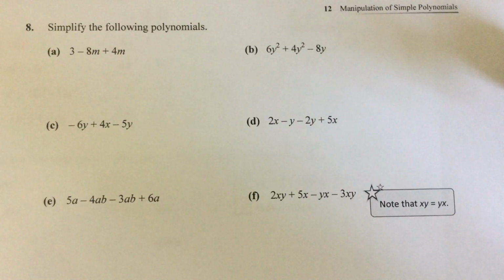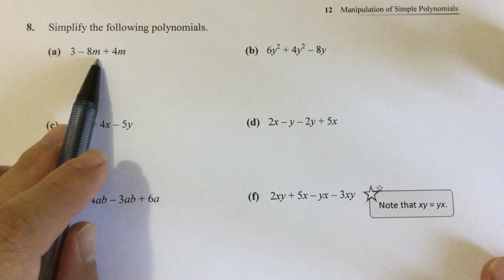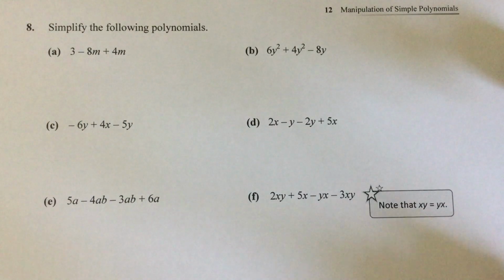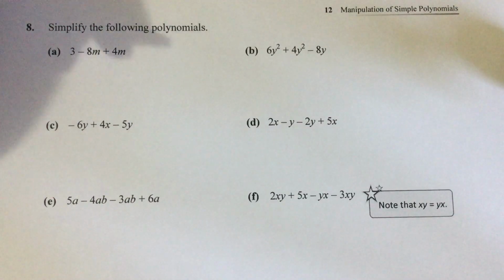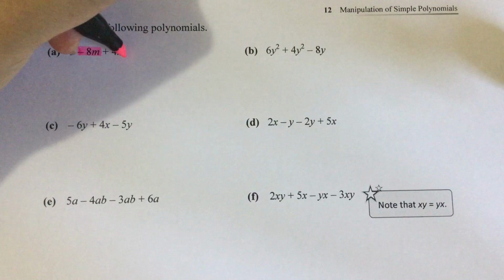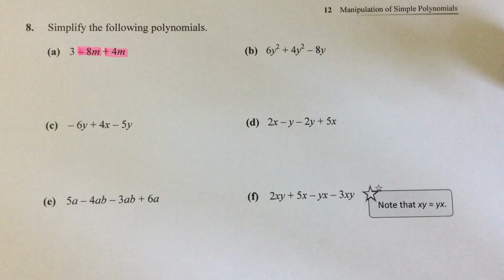Question 8. Let us do it one by one. For question 8, you will see 8m and 4n, so we call these two unlike terms. So we can do some calculation.